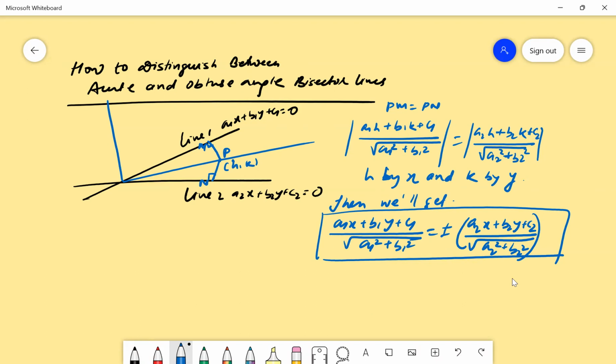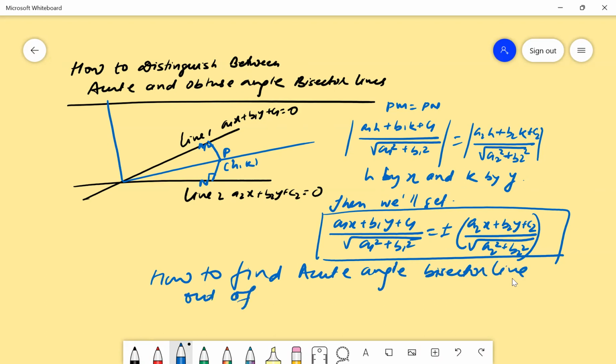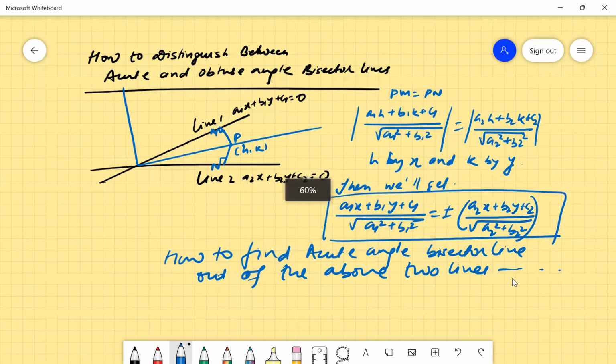Okay, so let me tell you what we will do. How to find the acute angle bisector line out of the above two lines? Very simple, a 2-3 step process.